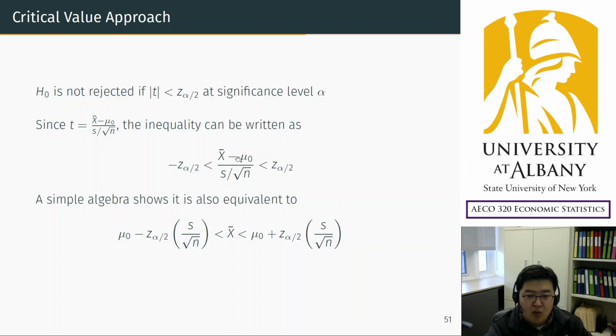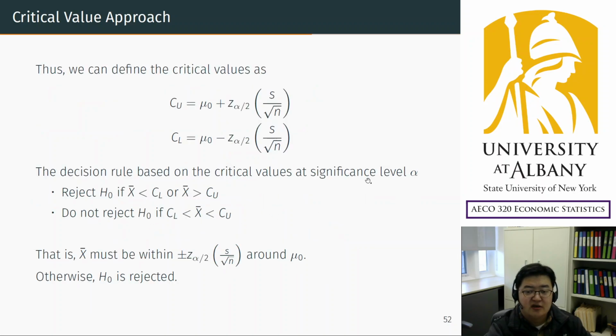Now what we want is to rearrange the inequality so that we have only x bar in the middle. So x bar is here, and the upper critical value is mu 0 plus this, and the lower is mu 0 minus this. These are critical values, right? It is simple to show this, and then we get the formulas for the critical values.